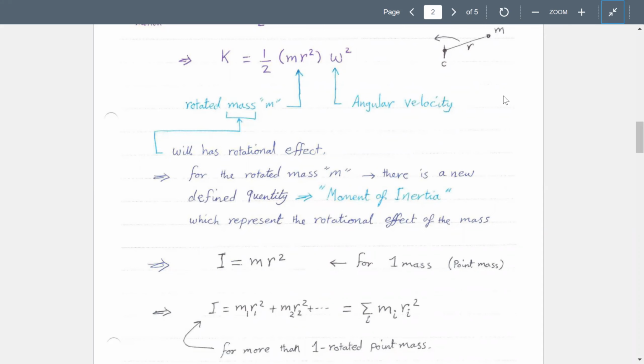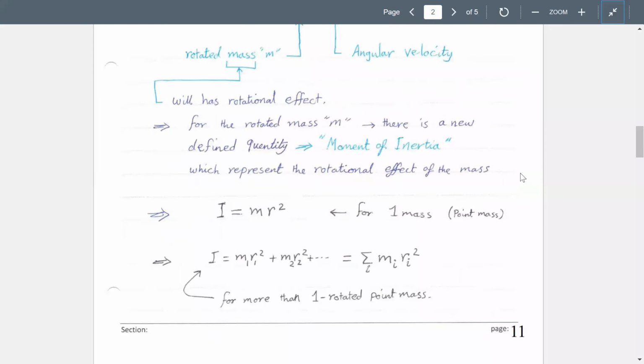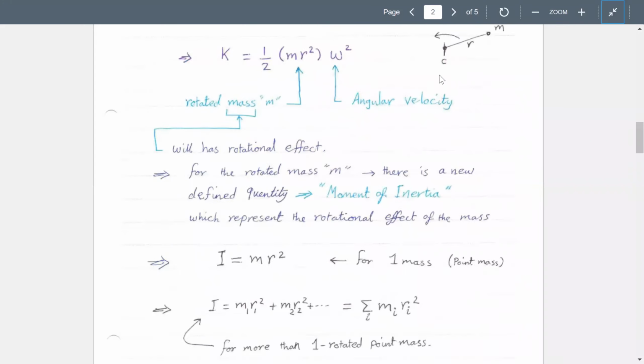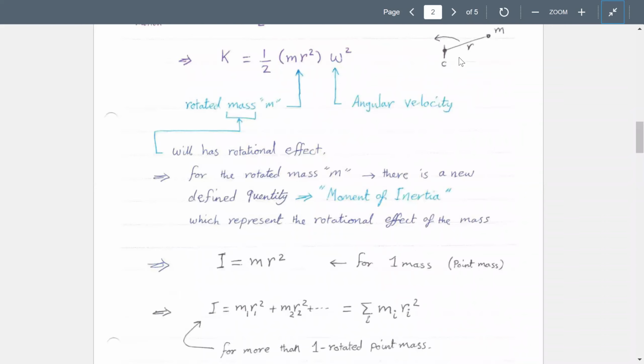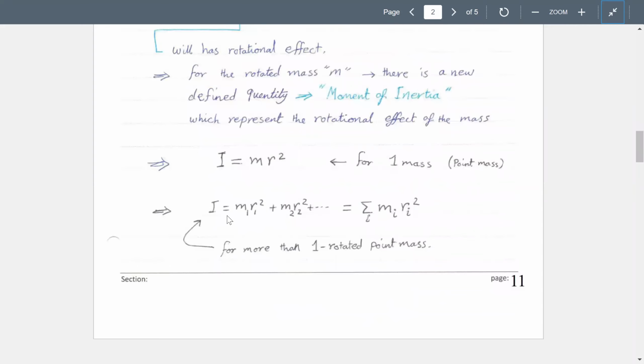Remember the center of mass, we have m1 plus m2 plus m3 and so on. We can add the total many masses together. Here also we can add many moments of inertia together. If we have more than one rotating object, then we can add the moment of inertia for all of them. So the total moment of inertia for many masses, it is m1 r1 squared plus m2 r2 squared and so on.